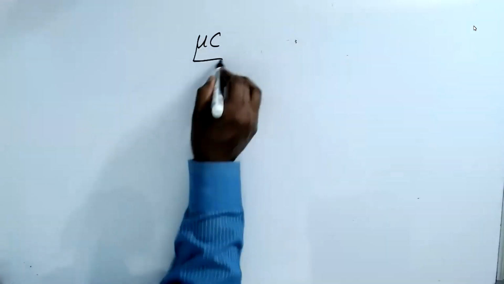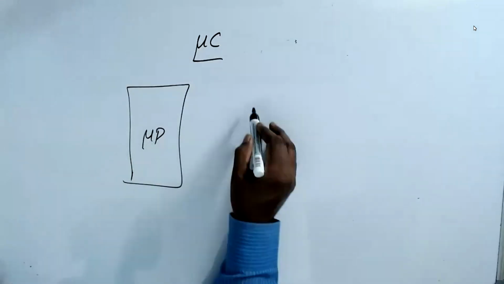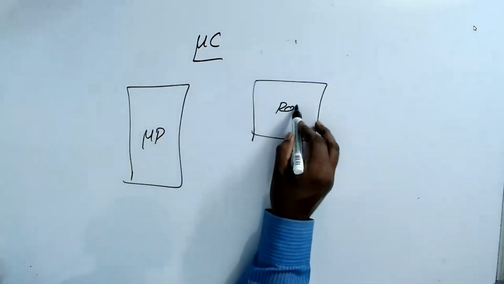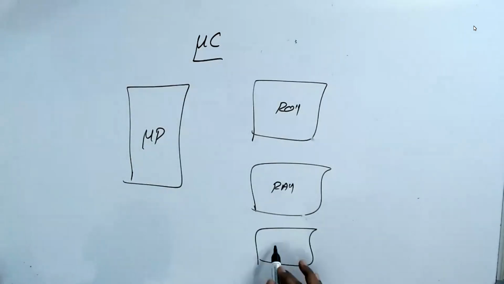See, what is a microcontroller? It has the microprocessor, which has a ROM, which has a RAM, which has a controller. That's it. Now, what is RAM?